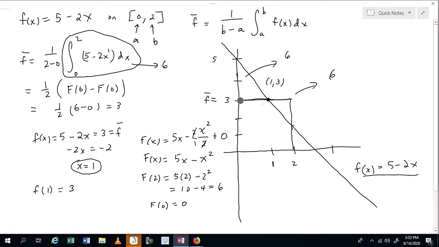And that just happens to be the point at which this function intercepts its average value of 3. Okay, so it occurs when x is 1. The average value of the function is equal to f of x when x is 1.